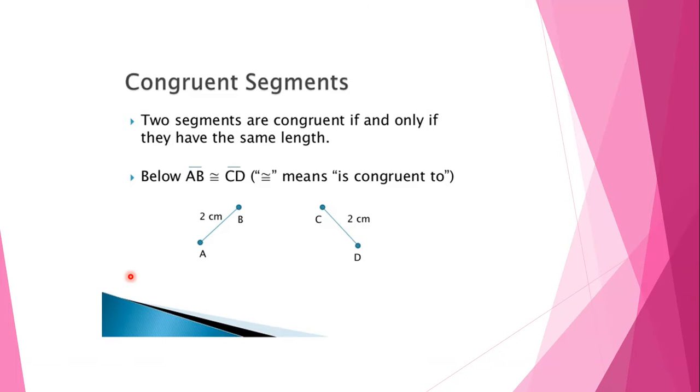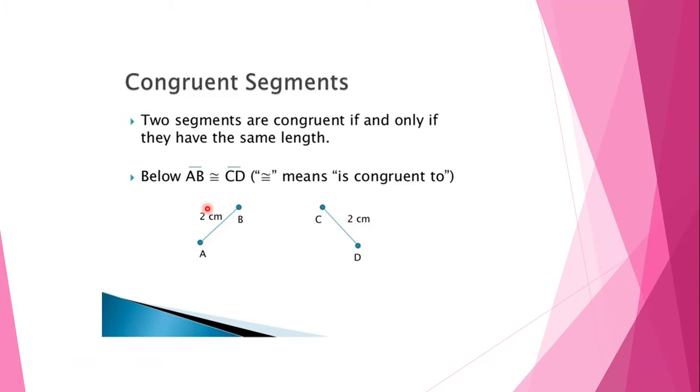Then there are congruent segments. Two segments are congruent if and only if they have the same length. Here we have two segments, one is AB and the second is CD. Because they have the same length, they will be congruent.